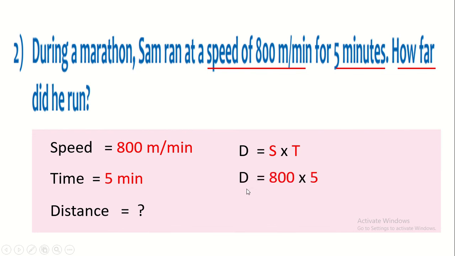Distance is 800 and the time is 5. 800 times 5 is 4,000 meters. This is meter, M. This is 4,000 meters. This is your answer.